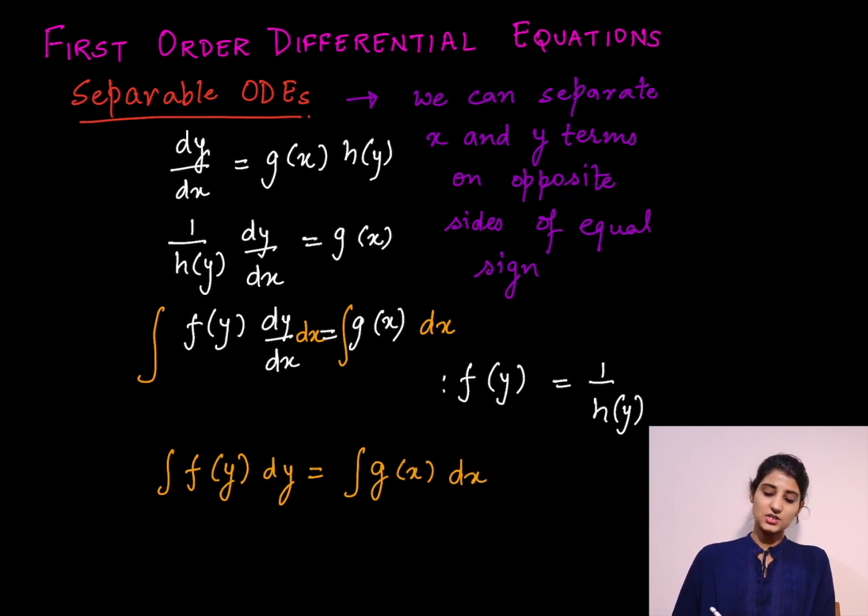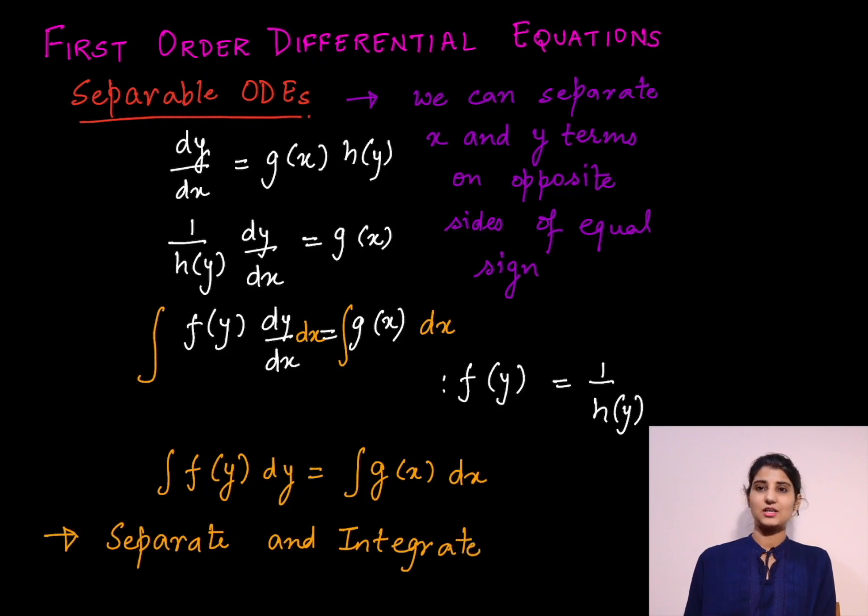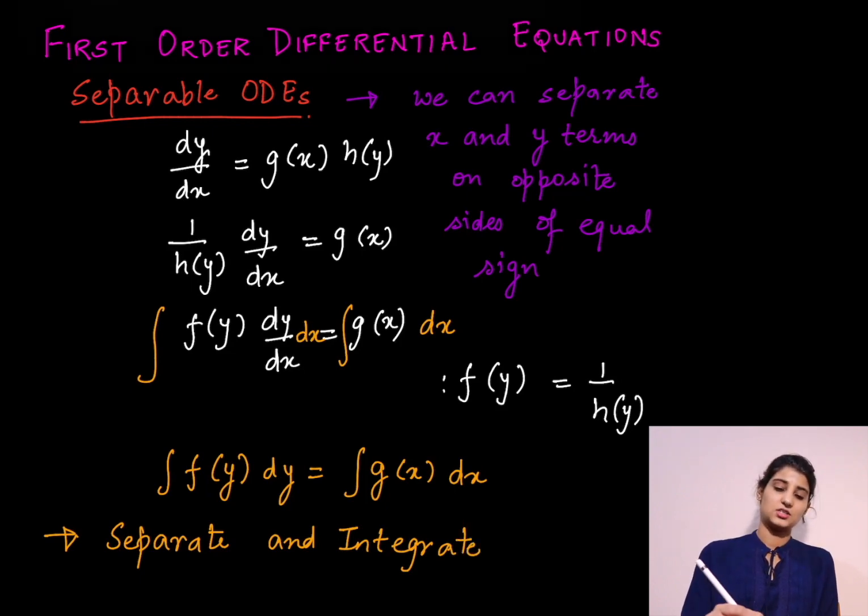So the procedure to solve a separable differential equation is: we separate and integrate. That's all we are going to do. Separate and integrate. Okay, let's look at some examples.